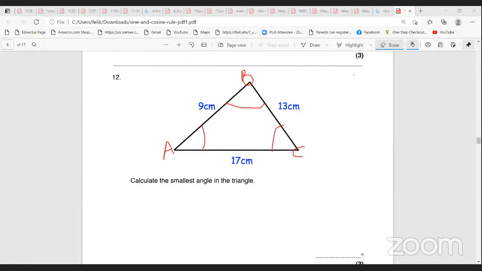Miss, I can annotate this. Oh, my apologies. Sorry. Okay.